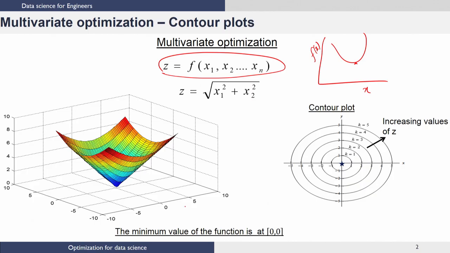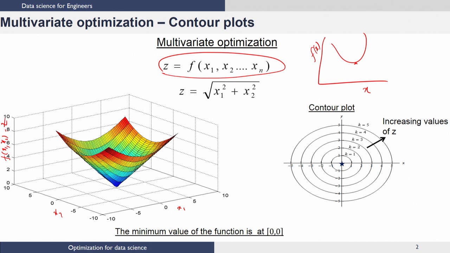That is simply because if this is x1 and this is x2, I need a third dimension to describe the value of the function f(x1, x2) equal to z. So, the objective function value becomes the third axis.